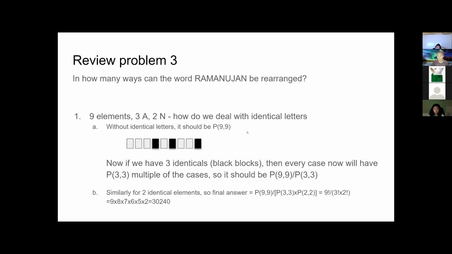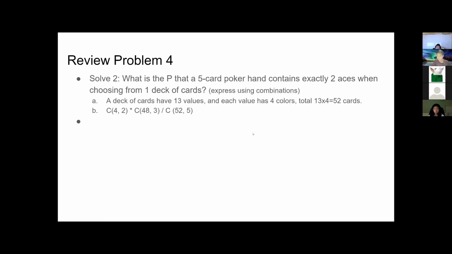All right, so this, I don't know if I want to. Okay, let's do this problem, and that will be our last one for today. Okay, what is the P? P means probability. Okay, what is probability?